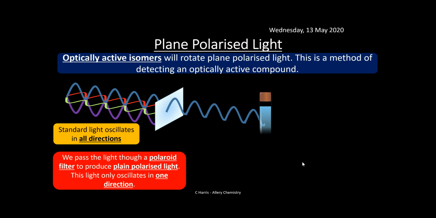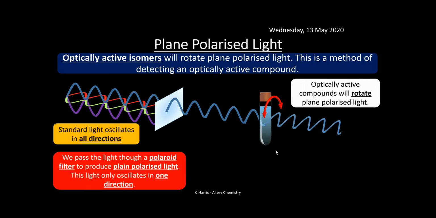Okay. So if we pass that light through a Polaroid filter, what we get is plane polarized light. So we get light that only oscillates in one direction. You can see here's our Polaroid filter. This is our light coming in all directions. The Polaroid filter blocks some of the orientations, and so only one plane of light will actually get through.